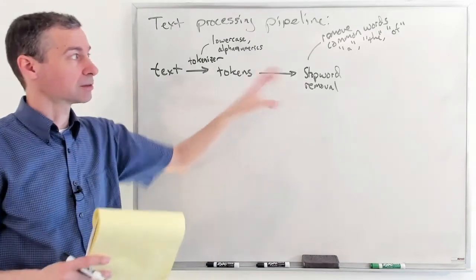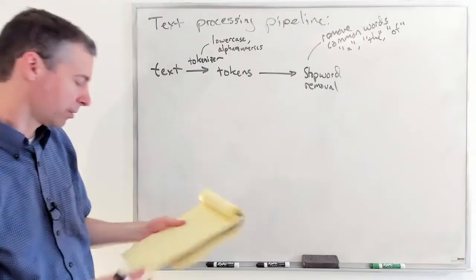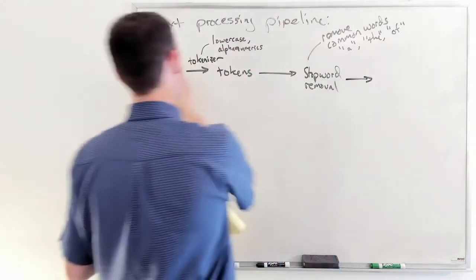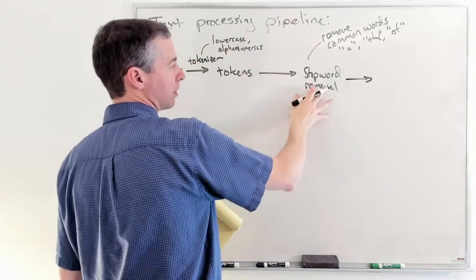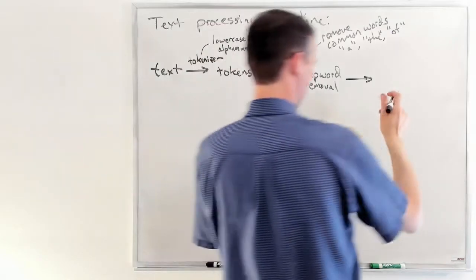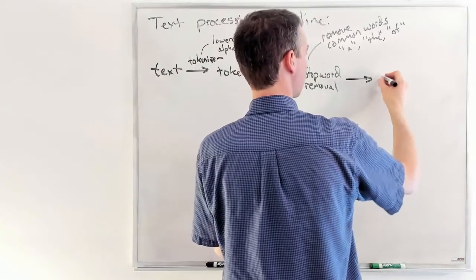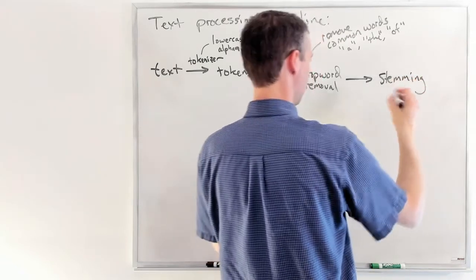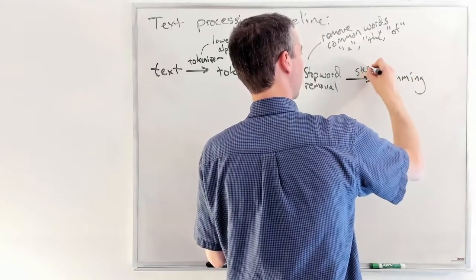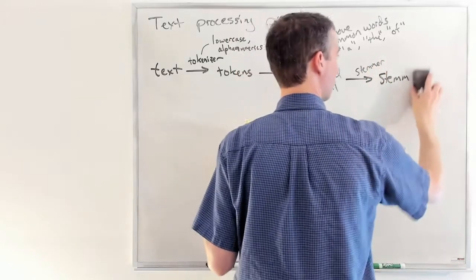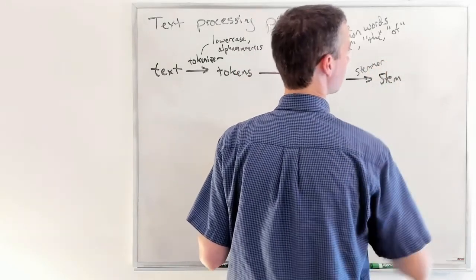We'll talk about whether to do it or not, but take your text, break it into tokens, look at those, maybe throw some of them completely away because you didn't like them. Then put it into stemming, where we apply a stemmer to produce stems.